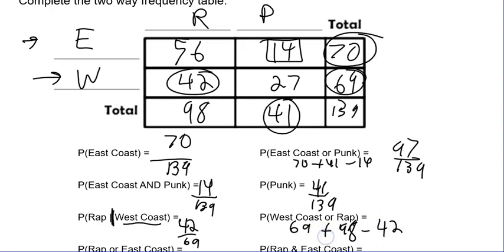So we have to add these and subtract that, because that 42, remember, is included in both of them. So we have to do 69 plus 98, and then subtract the 42. And that gives us 125 out of 139.